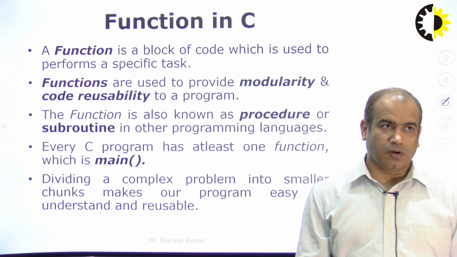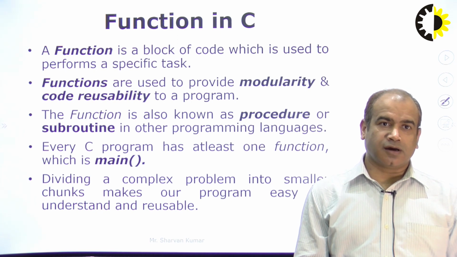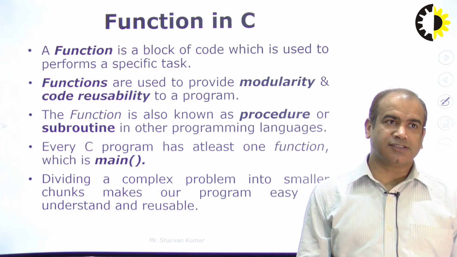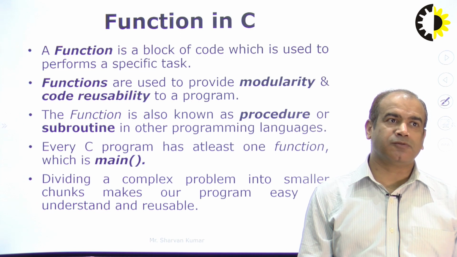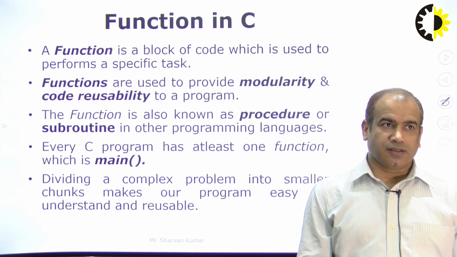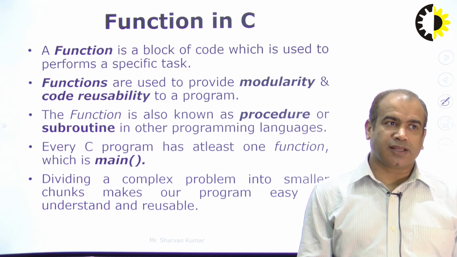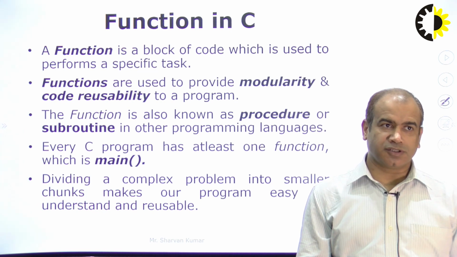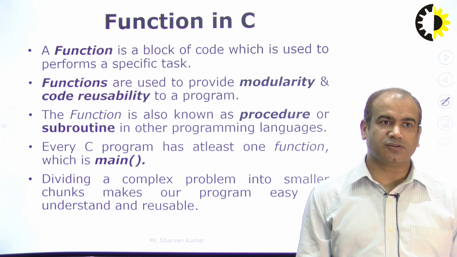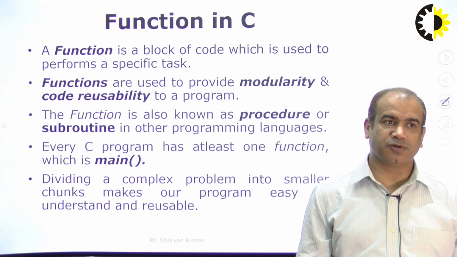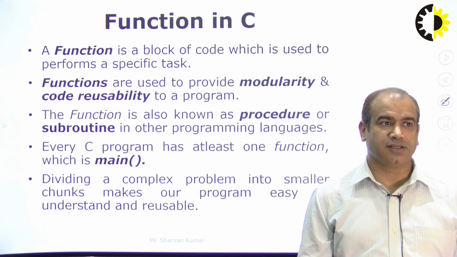First of all, how do we define a function? A function is a block of code which is used to perform a specific task. Functions are used to provide modularity and code reusability to a program. A function is also known as a procedure or subroutine in other programming languages.